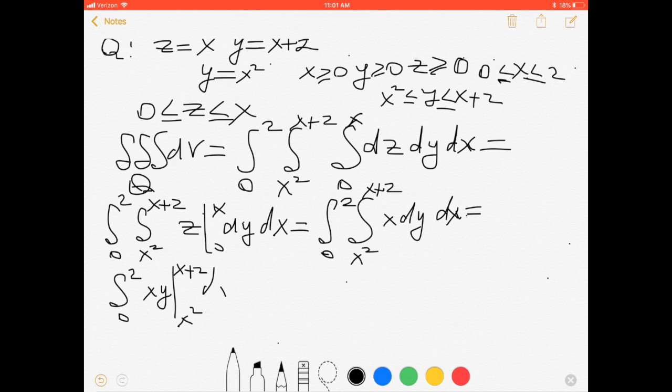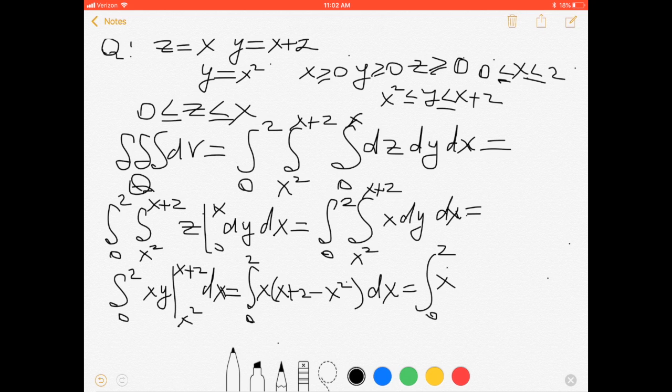And now dx, we have integral from 0 to 2 of x times x plus 2 minus x cubed, dx, or the integral from 0 to 2 of x squared plus 2x minus x cubed dx.